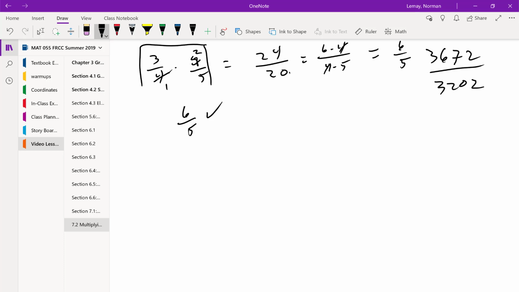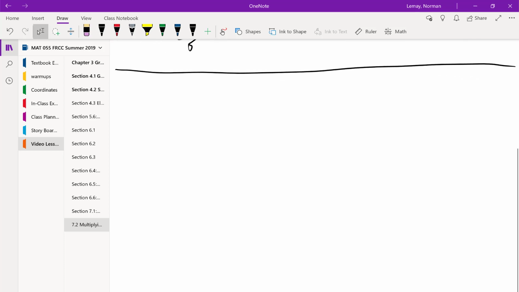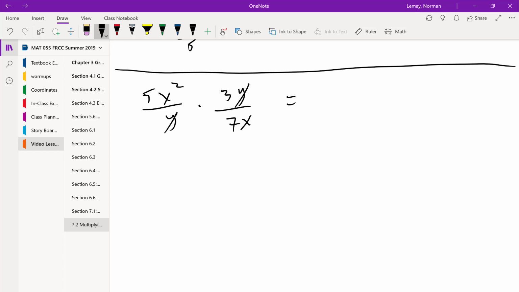So the question then is, let's reduce right off the top. We're going to keep that same concept in mind. Let's note that if we have 5x squared over y times 3y over 7x, before we do any multiplying, the question is can we get any reduction? Here I observe that the y's cancel out.